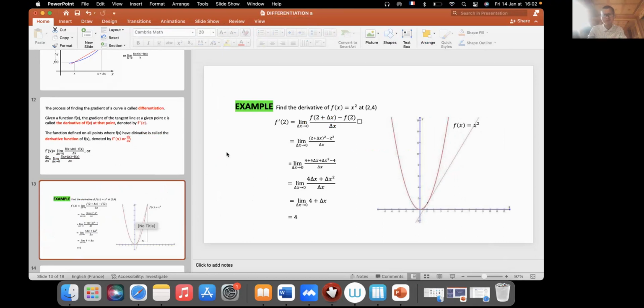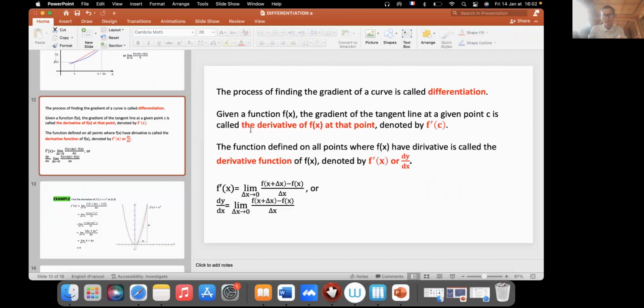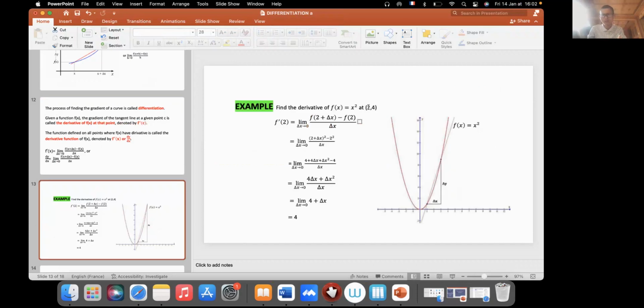First example is find the derivative of f of x equal to x squared at point (2, 4). Now, this is the derivative of a function at a point, right? So a derivative of a function at a point by our definition is denoted by f prime of c, right? So here c is 2, the x coordinate, so it can be written as f prime of 2.